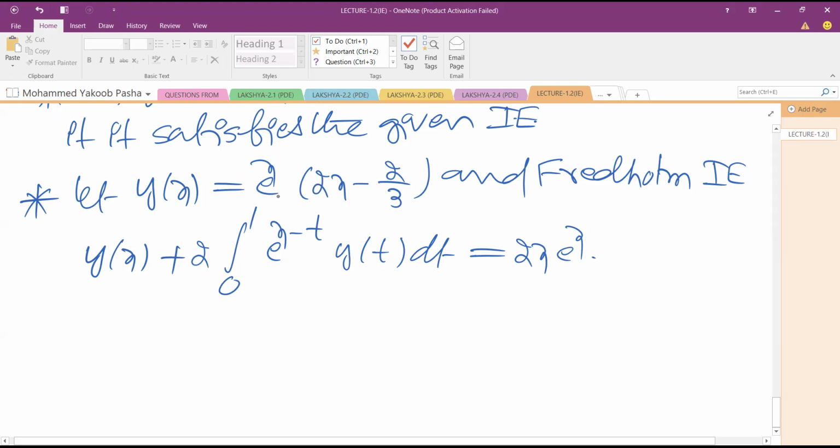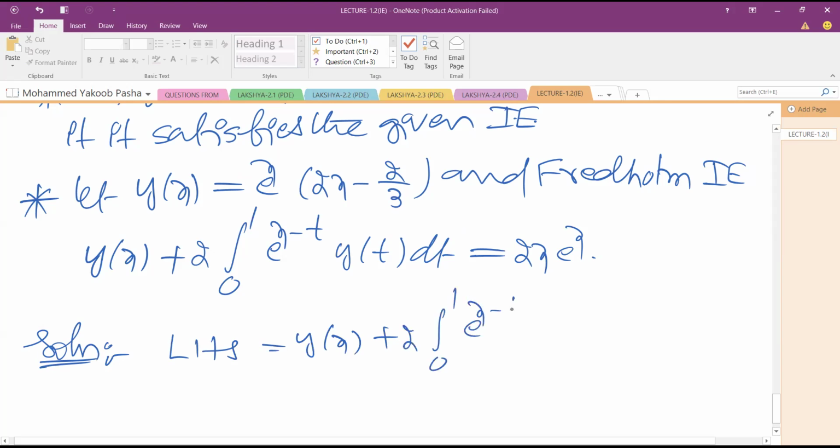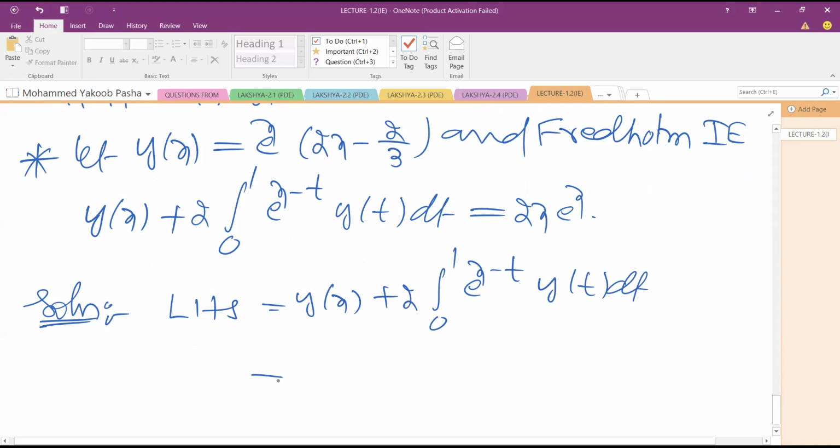We can check. Take the LHS, that is y of x plus 2 integral 0 to 1 e to the power of x minus t y of t dt. Simplify this value.